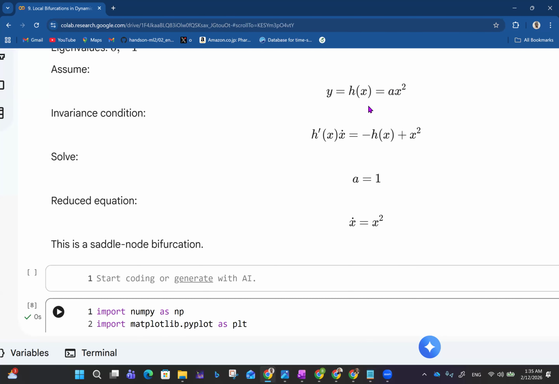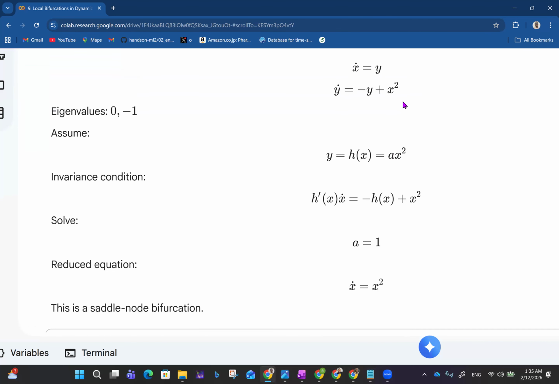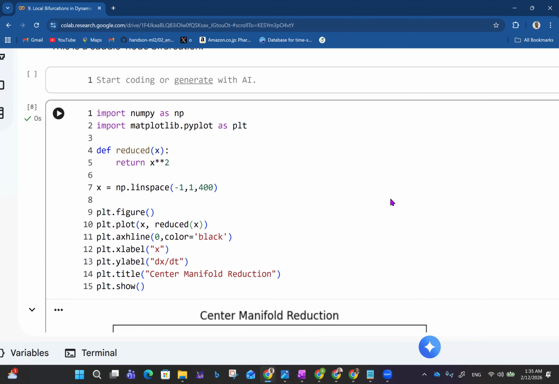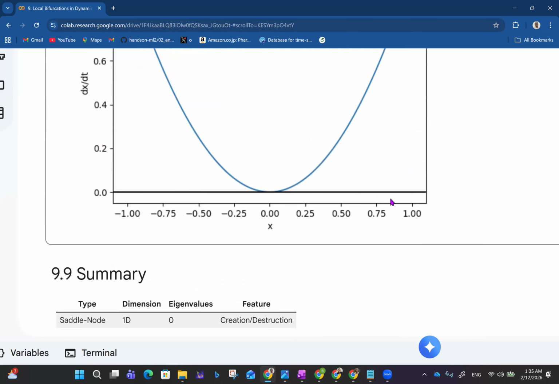So h prime of x is like 2ax times x dot. X dot is y, and we know y again. So that's 2ax multiplied by ax squared. That leads to minus hx plus x squared, and we solve that to get a, and then you can now have this reduced center manifold reduction.